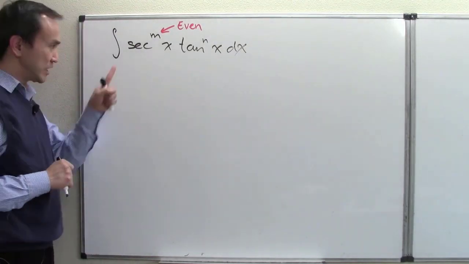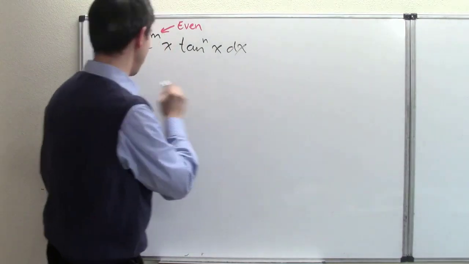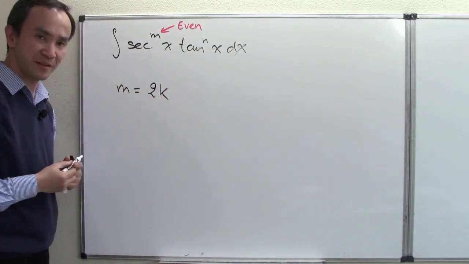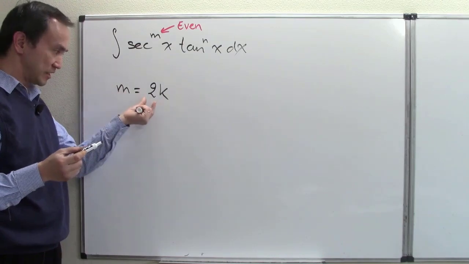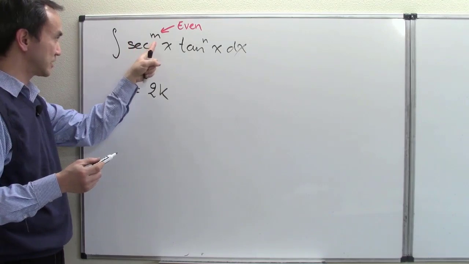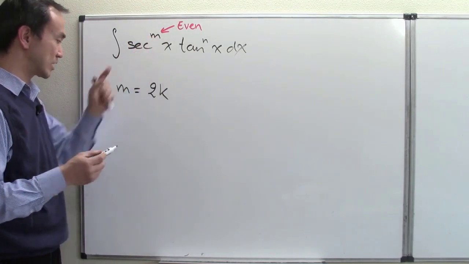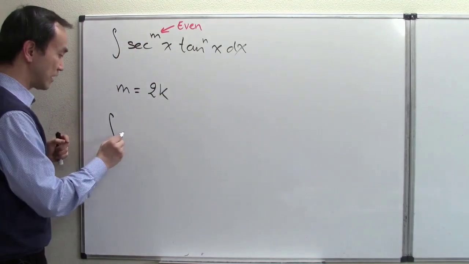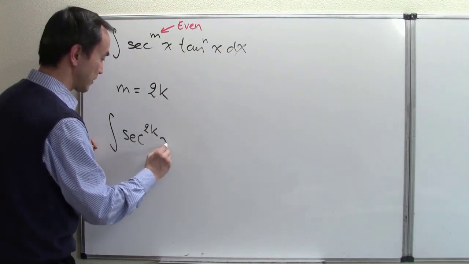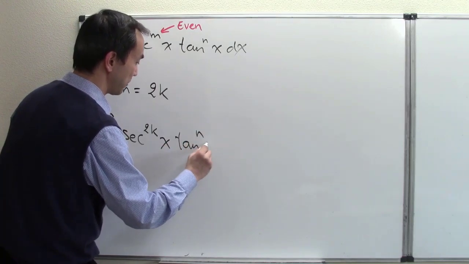Specifically when secant is even, think about any even number as being in the form of 2 times k. So an even number is a multiple of some other integer. In that way I can re-express the power of secant, secant of x to the m power, as the integral of secant to the power 2k of x multiplied with tangent of x to the power n.